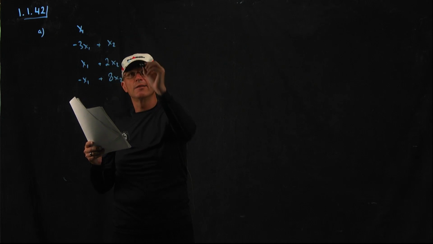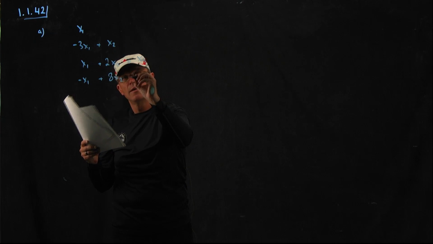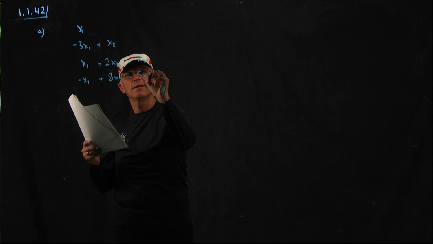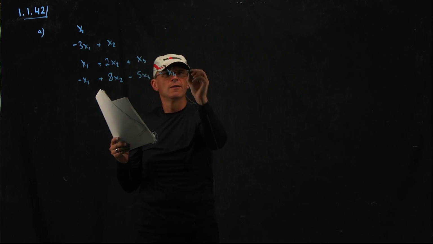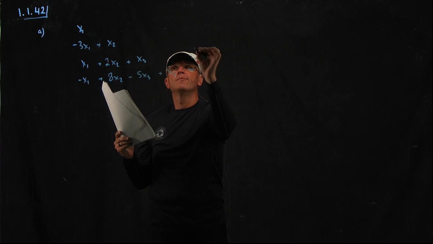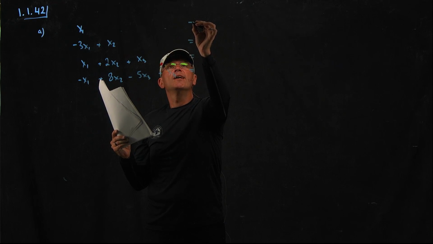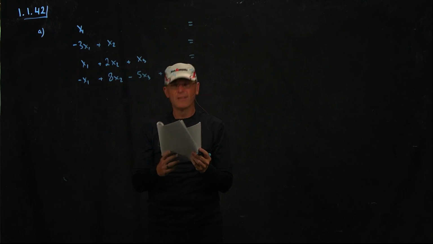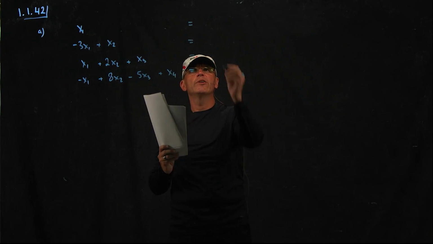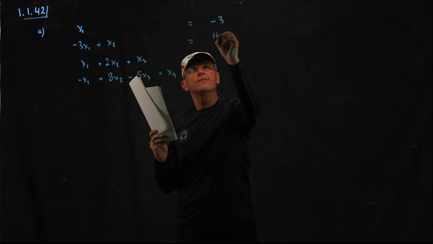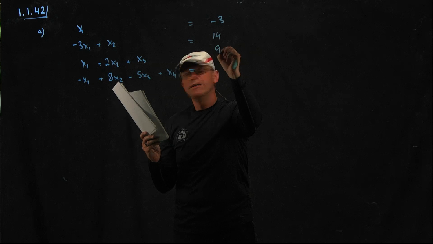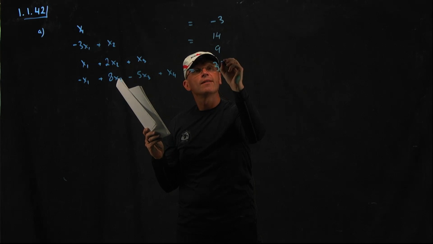Here we have plus x3 minus 5 x3 plus x4. So then we can line up the equal signs, because equations have to be pretty. Right? Pretty equations are easier to solve than ugly equations. I think that's a theorem.